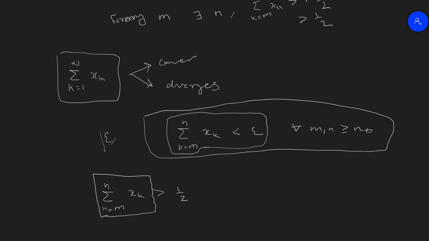So as n tends to infinity, this summation is always greater than 1 by 2. It does not satisfy Cauchy's criterion, therefore it diverges. So the third option is wrong and the fourth option is correct.